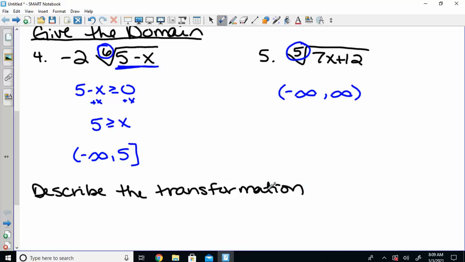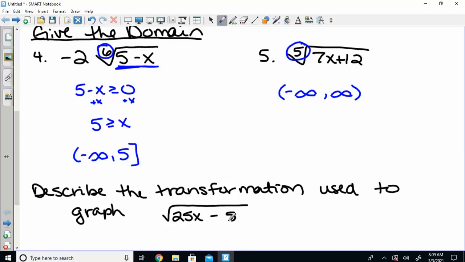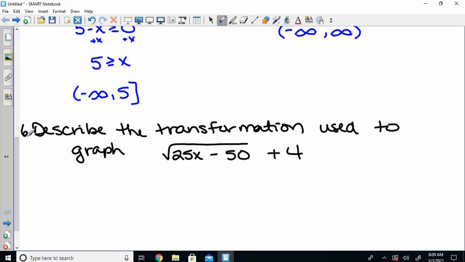The last type of question in section 4. If I asked you to use a transformation, tell me the transformations that would be used to graph this thing.